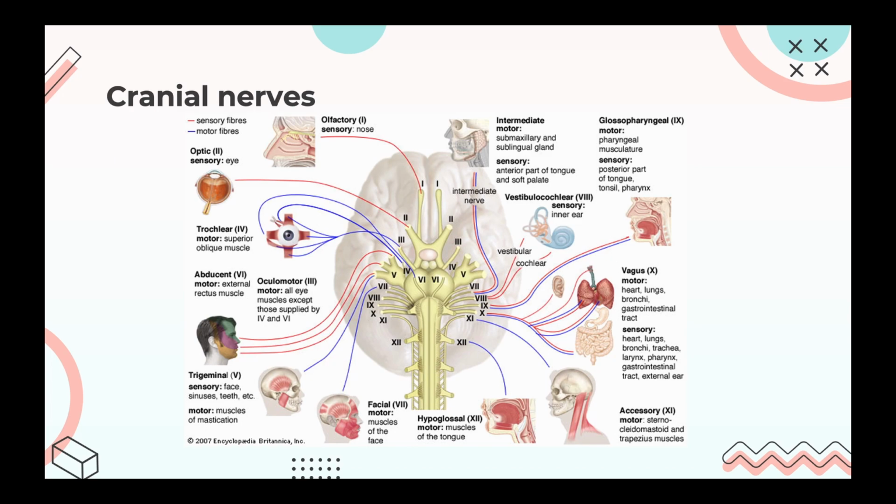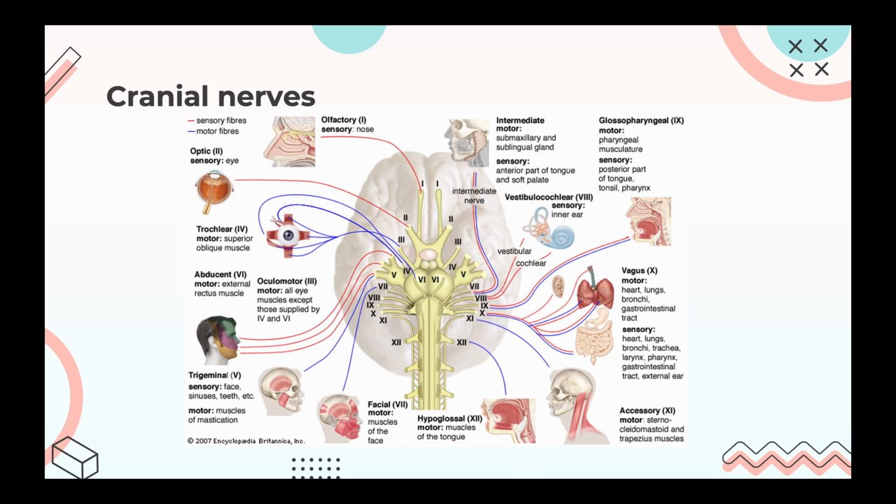So the first one is the olfactory nerve. And the olfactory nerve, what it does is that it provides sensory supply to the nose. In other words, it gives you your sense of smell. Then there's the optic nerve, which is the second cranial nerve, and it supplies sensory input and output to the eye. In other words, it helps you look, it helps with vision.